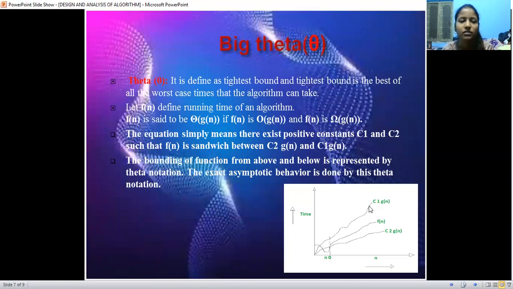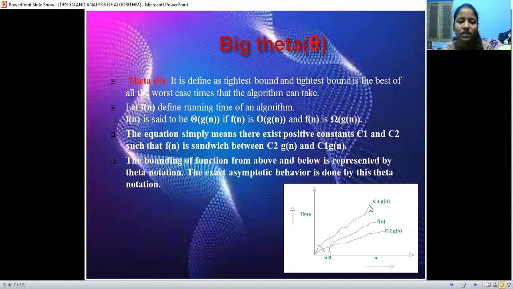Big theta. It is defined as the tightest bound, and the tightest bound is the best of all the worst case times that the algorithm can take. Let f of n define the running time of an algorithm. f of n is said to be theta of g of n if f of n is big O of g of n and f of n is omega of g of n.